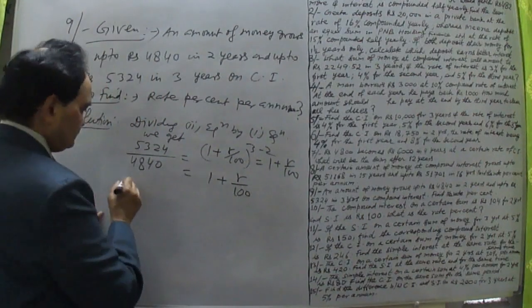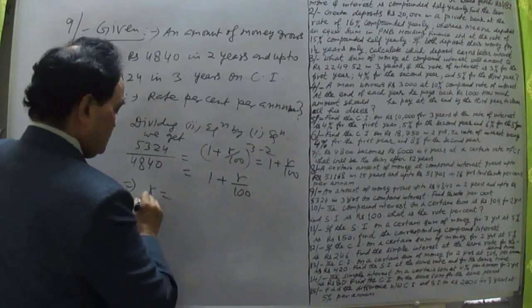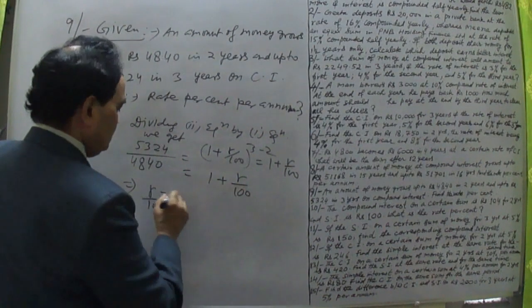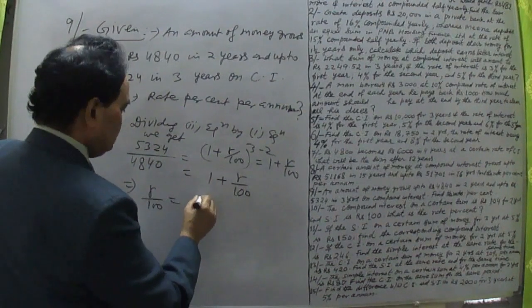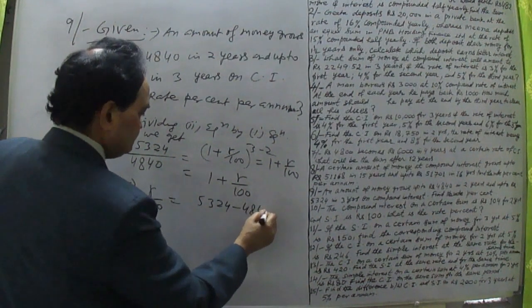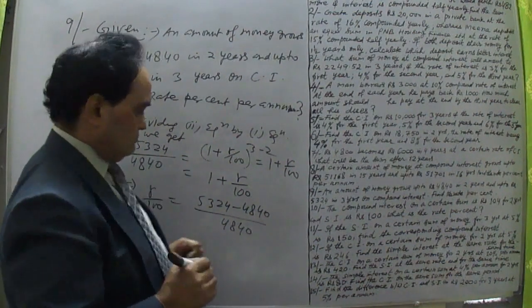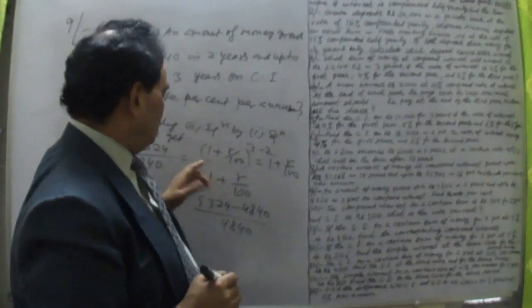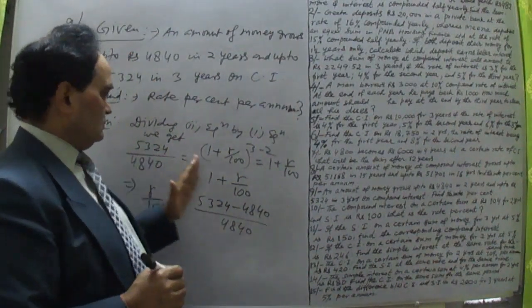So r upon 100 is equal to this value minus 1, that means 5324 upon 4840 minus 1, and 4840 will be the LCM.